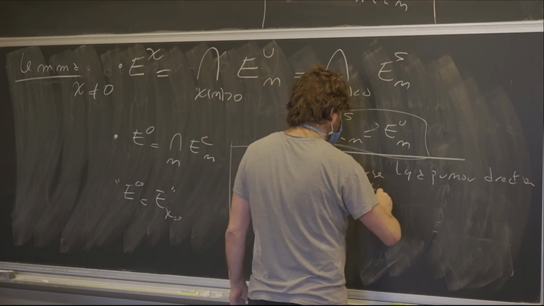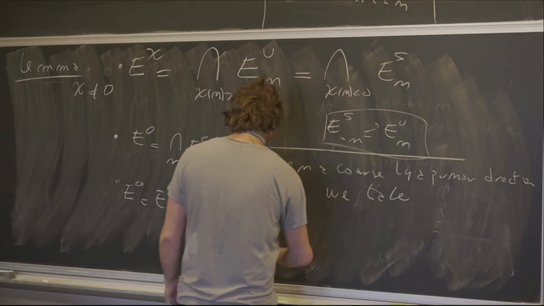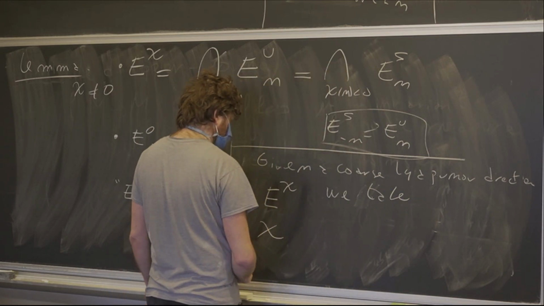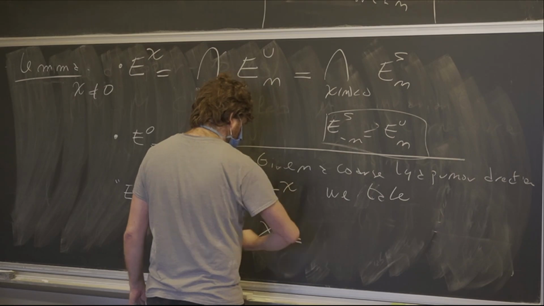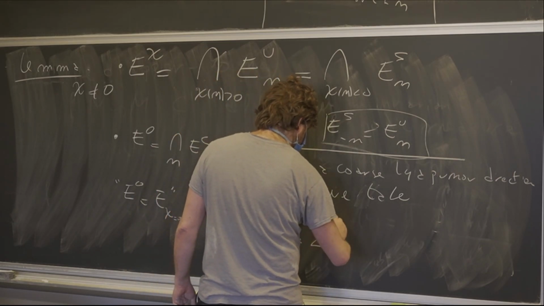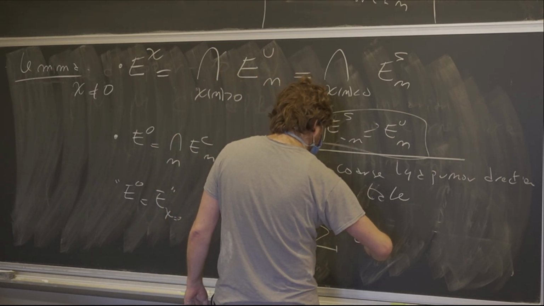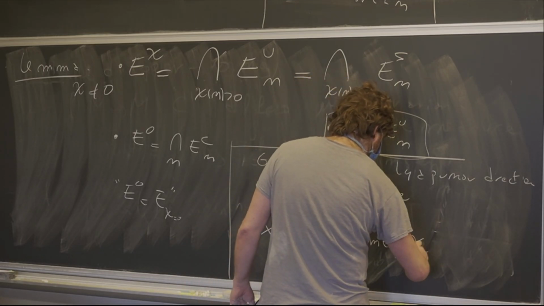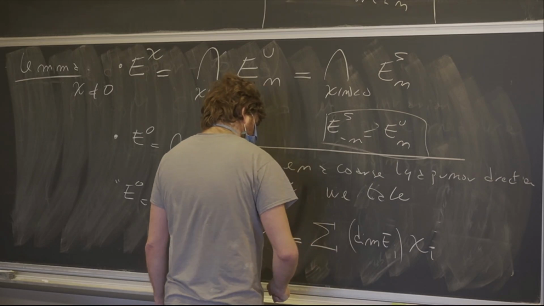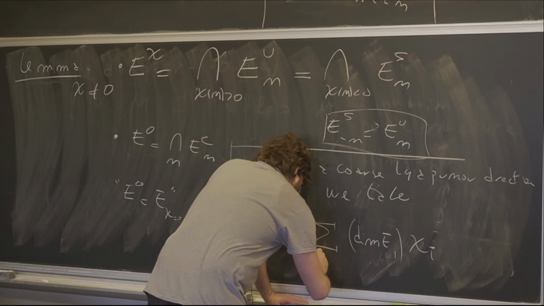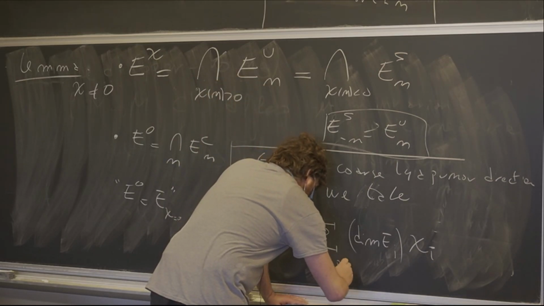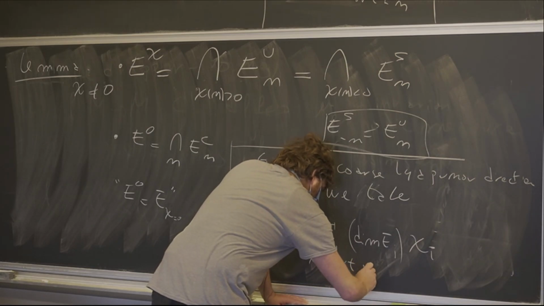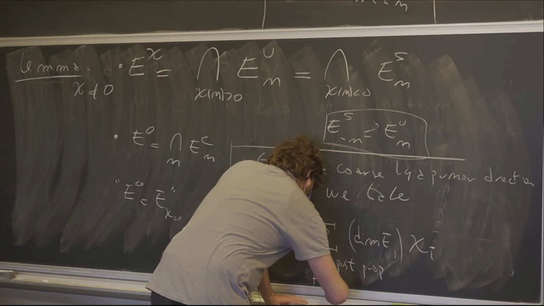So we take chi equal to the sum of the dimension of E_i times the chi_i, where chi_i is positively proportional to chi.